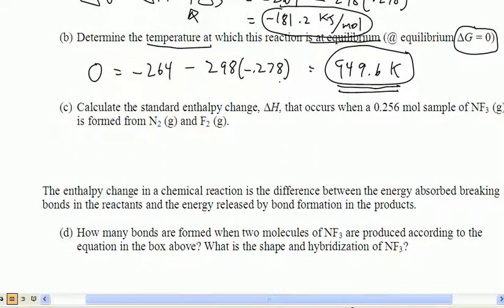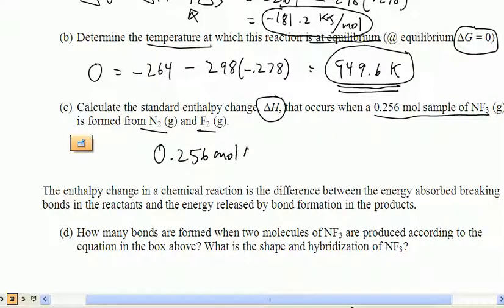C asks us to calculate delta H when 2.56 moles of NF3 are formed from N2 and F2. Well, this goes back to our balanced reaction. Let's not overemphasize the difficulty of this problem. It's pretty easy. It's just a ratio.